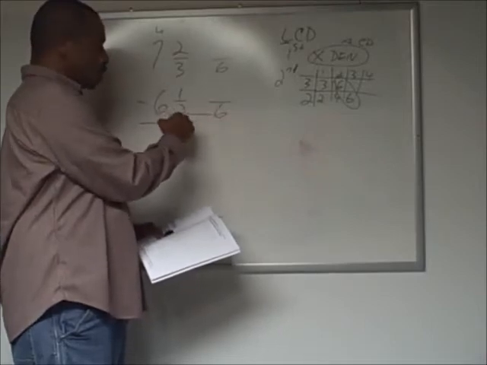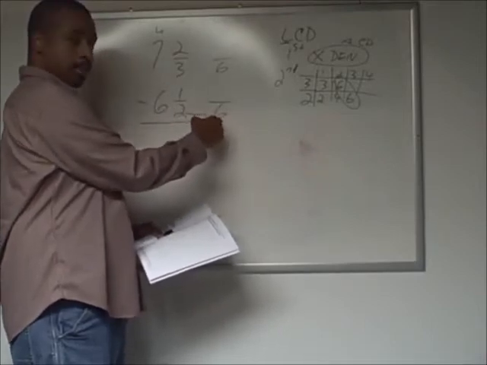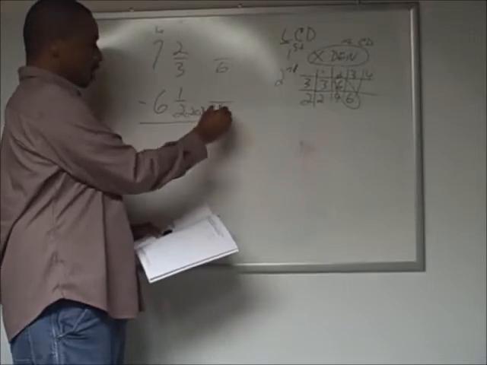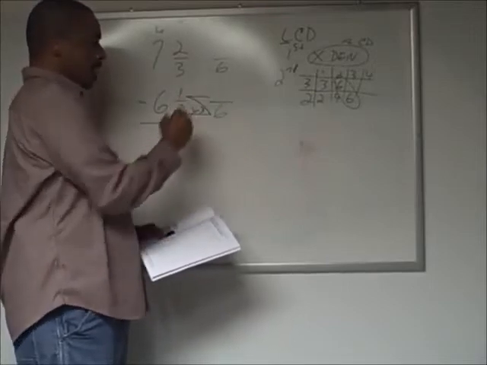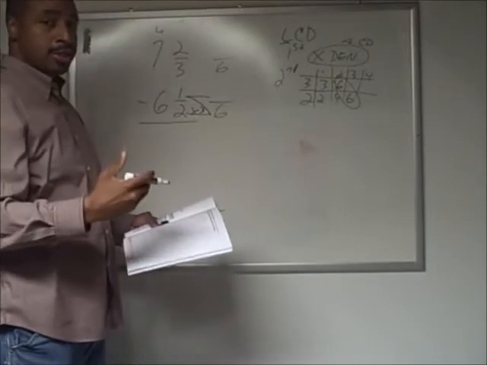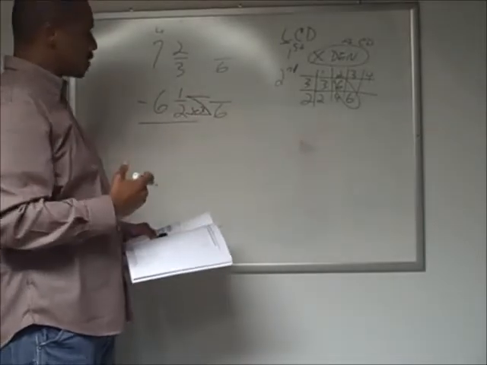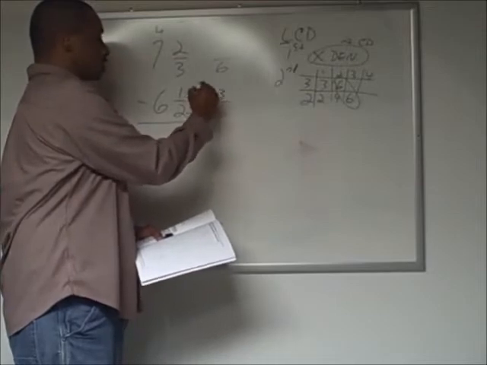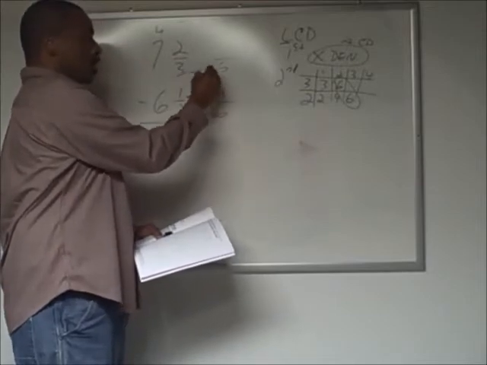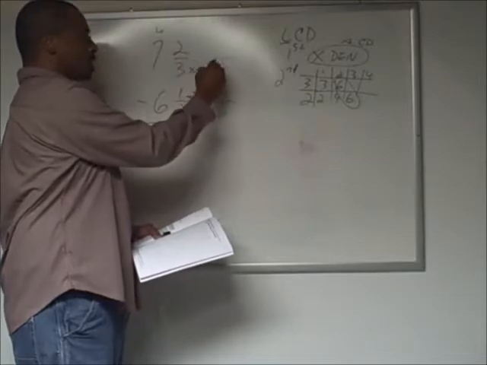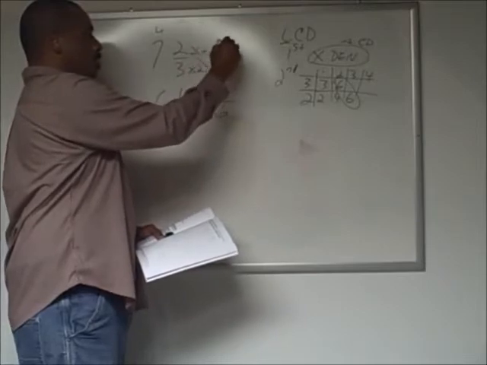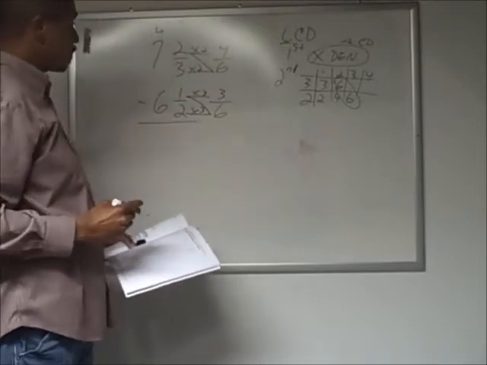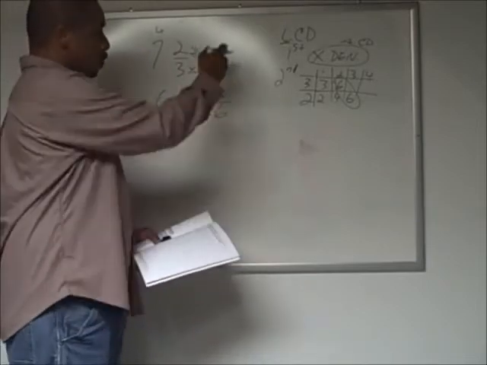Because 2 was increased by 3 to become 6, because 2 times 3 is 6, we also have to increase 1 by that same amount so that the fraction becomes new but yet stays the same at its base. Same idea here, 3 goes into 6 2 times, or 3 times 2 is 6, so we're going to multiply the numerator by that same thing, 2, and get 4. So then our new fraction becomes 4/6.